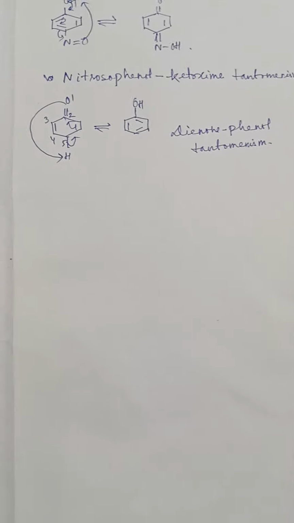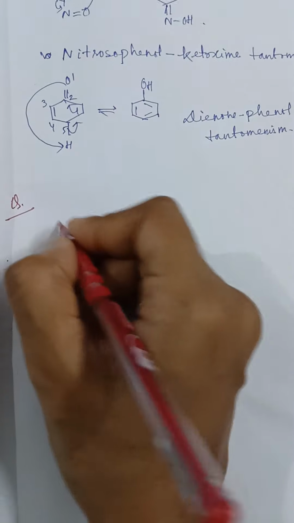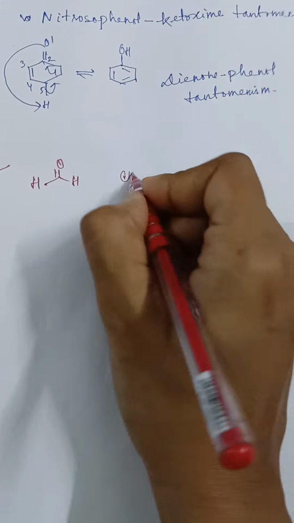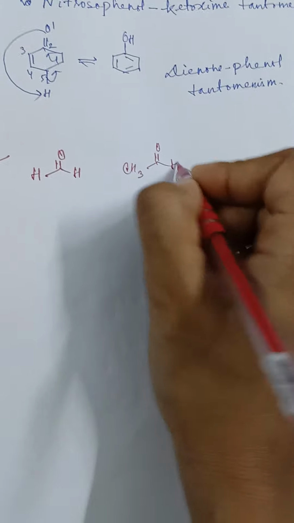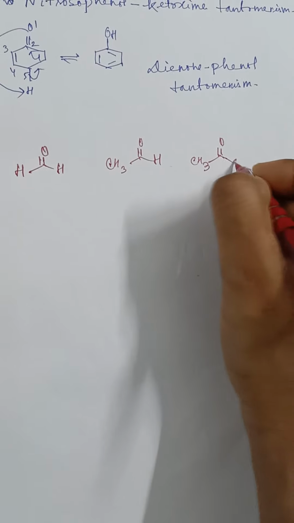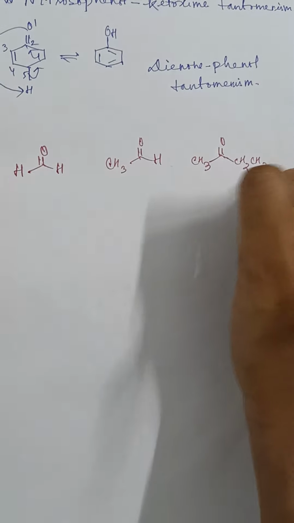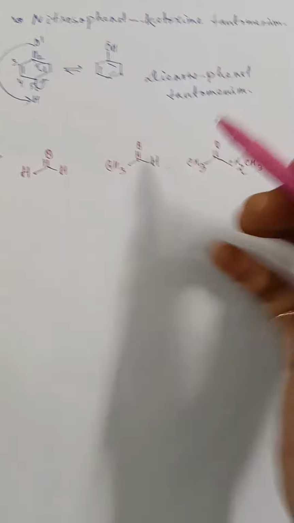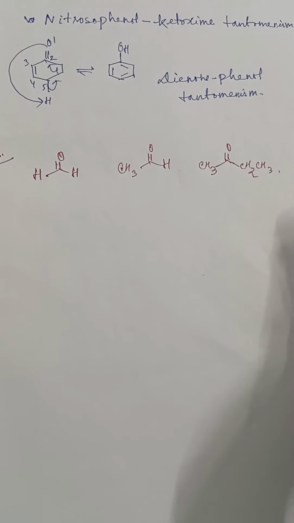So I hope you understood how many different types of tautomerism are there. And if a question comes like this, the first question, that this is formaldehyde, this is acetaldehyde, and this is CH2CH3. Whether these three compounds show tautomerism or not, you first search whether it has alpha carbon or not.